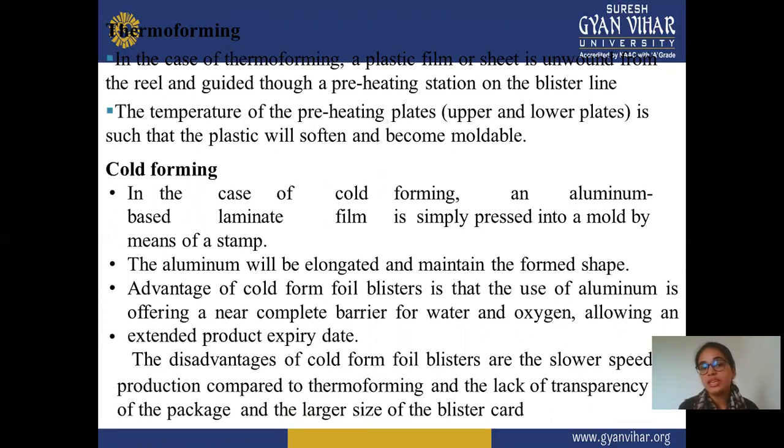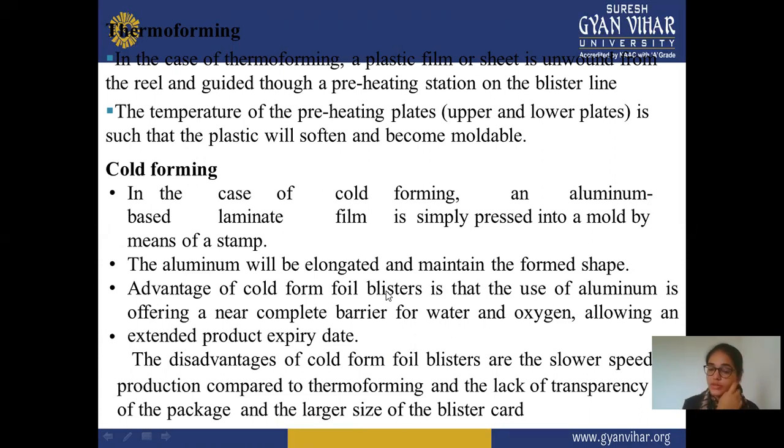In cold forming, an aluminum-based laminate film is simply pressed into a mold by means of a stamp, and the aluminum will be deformed to maintain the formed shape. The advantage of a cold-formed foil blister is that the use of aluminum offers a near complete barrier for water and oxygen, allowing extension of the product expiry date. The disadvantages of cold-formed foil blister are slower speed of production compared to thermoforming, lack of transparency of the packaging, and large size of the blister card.